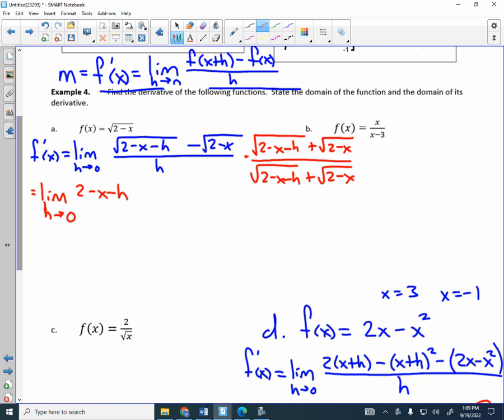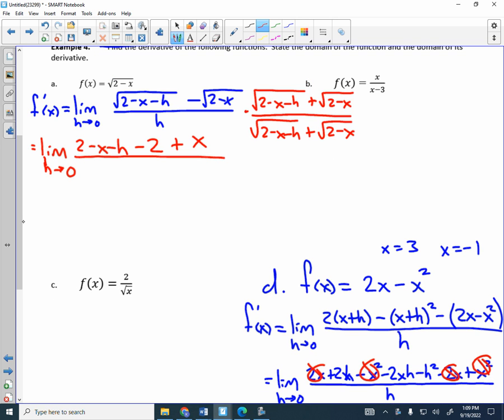It'll be a negative 2 and then a plus x when we distribute the subtraction sign, right? Okay, so we get a minus 2 and we get a plus x. So we're going to let that be. The bottom, you just have to allow it to be kind of its ugly form. H times parentheses, that beast. So square root of 2 minus x minus h plus the square root of 2 minus x.